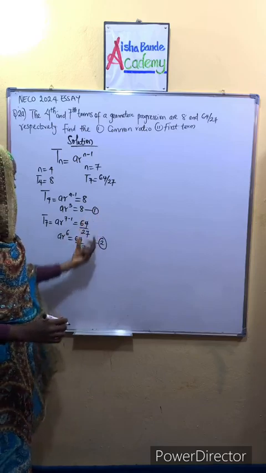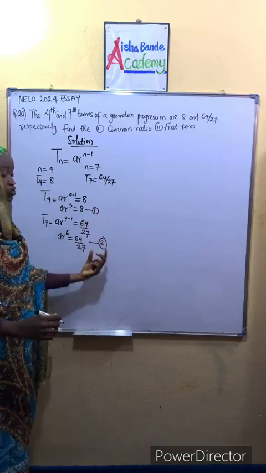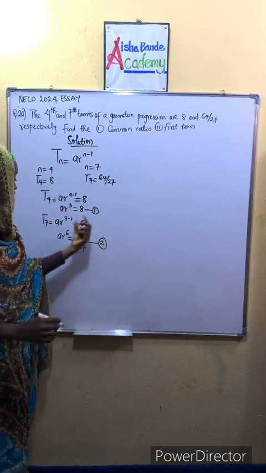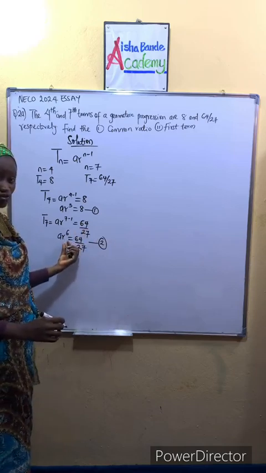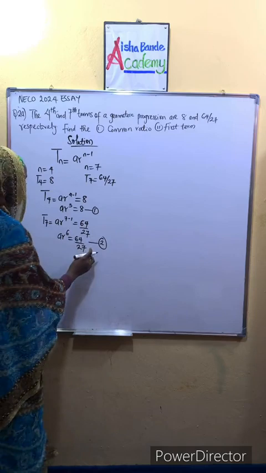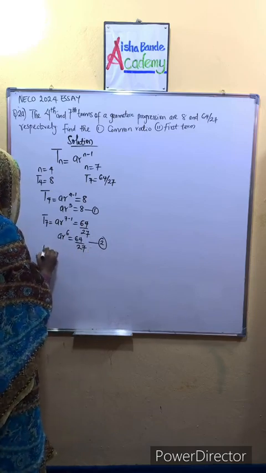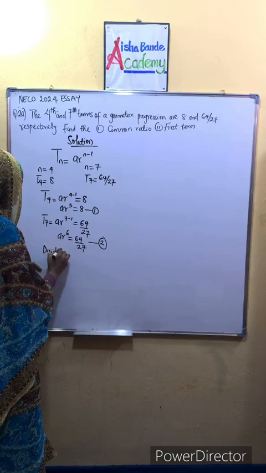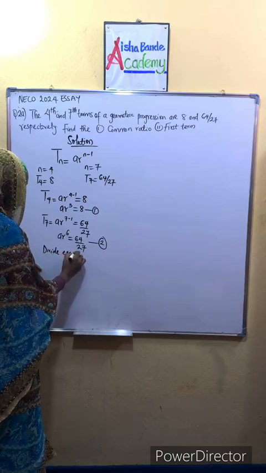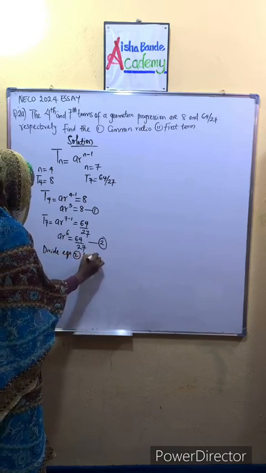What we do at this point is for us to solve the two equations and get the value of r from here. So from here, all we need to do is to divide equation 2 by 1. We divide equation 2 by equation 1.